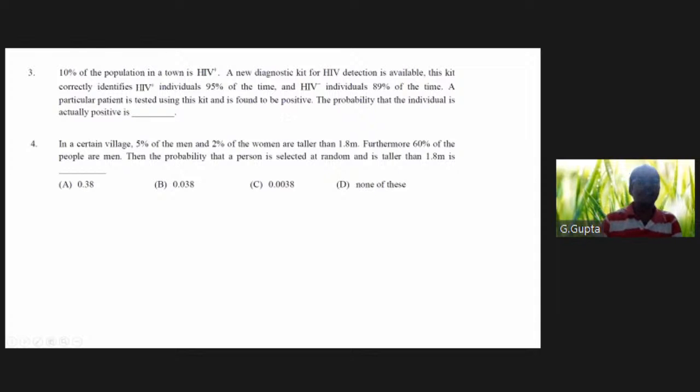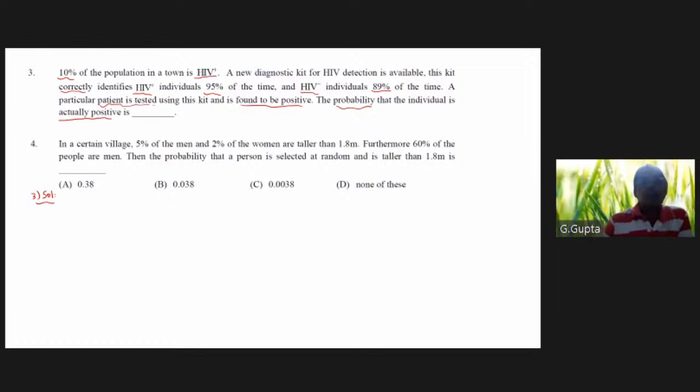So please underline patient tested, found to be positive. So 10% HIV plus, automatically 90% HIV minus. So correctly identifies HIV plus 95% and correctly identifies HIV minus 89%. The probability that an individual is actually positive, that is going back to the positive cases, that is inverse event probability. So this problem is very, very important.